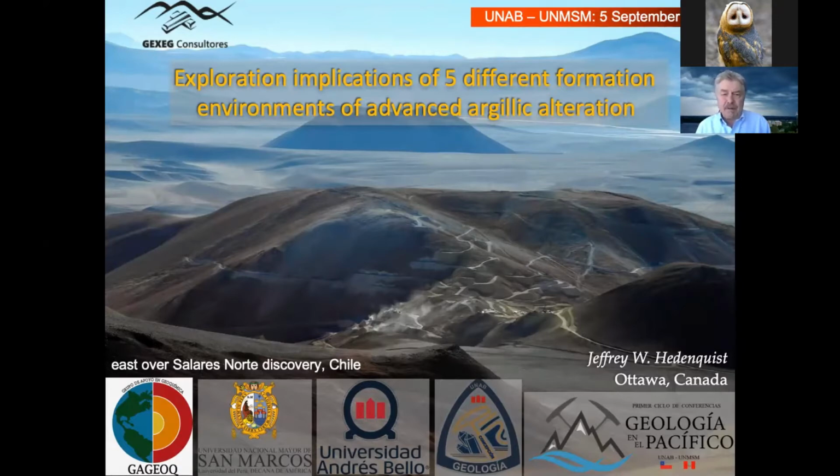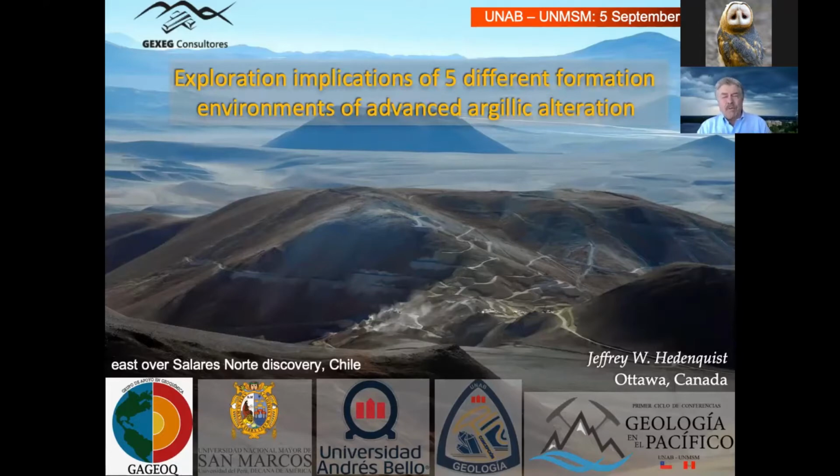But for example, here at Salares Norte, which is a recent discovery in northern Maricunga district of central Chile, there are 3 different styles of advanced argillic alteration formed in 3 different environments with different positions relative to the ore body.